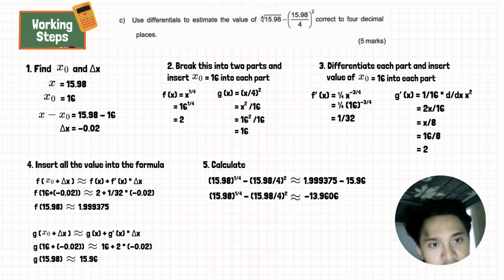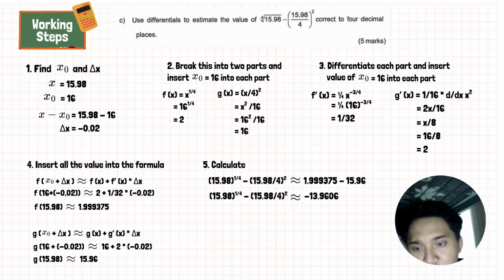Then we differentiate g(x), which is 1 over 16 x squared, and we get 2x over 16, and then we get x over 8. So we substitute the value 16 into x, we get 16 over 8, and we get 2.